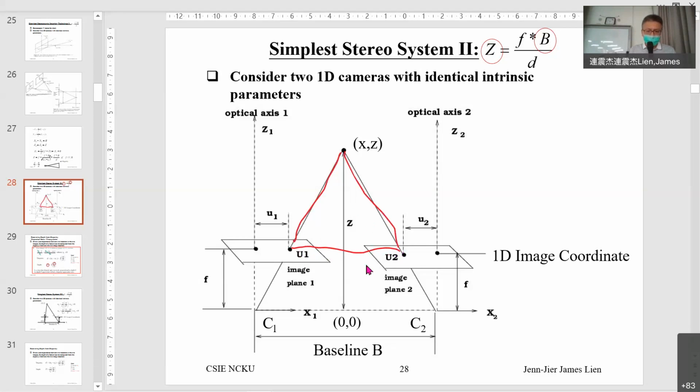So this Z compared with this one, because this F, this distance compared with this one equals this one compared with this one.